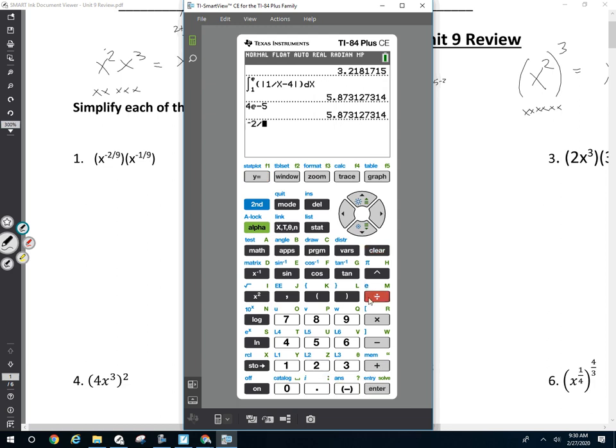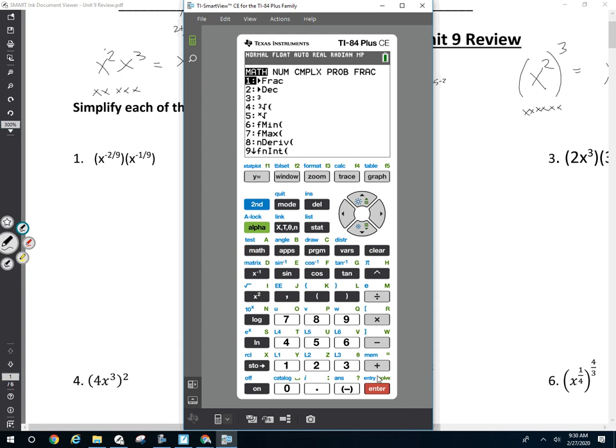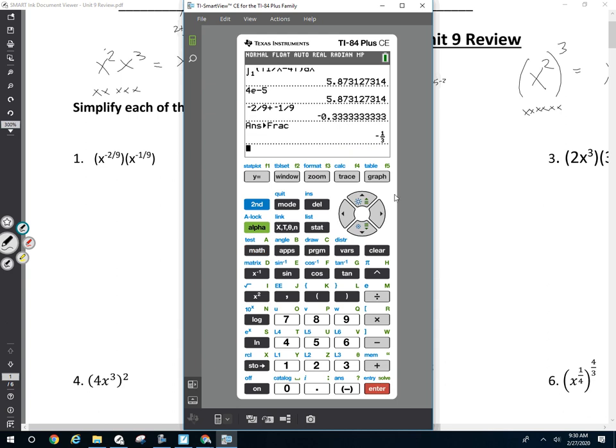I don't think it's necessary. You can always just use division as a fraction. And we get that, and remember math, enter, turns things into fractions if you want. So this is x to the negative 1/3 because I added the 2 things together. So it's really negative 3/9, and this turns into negative 1/3.